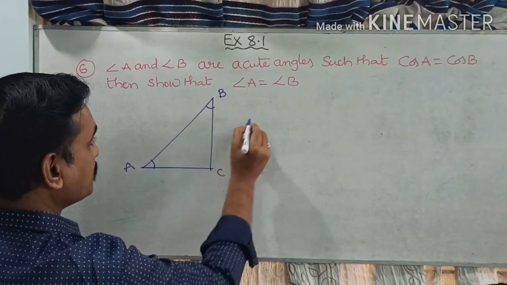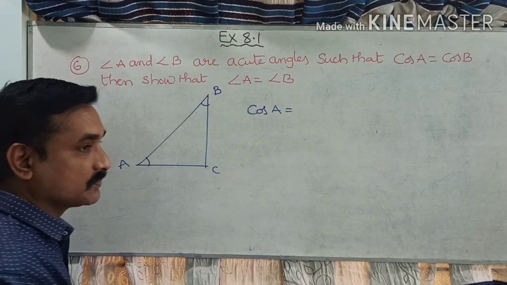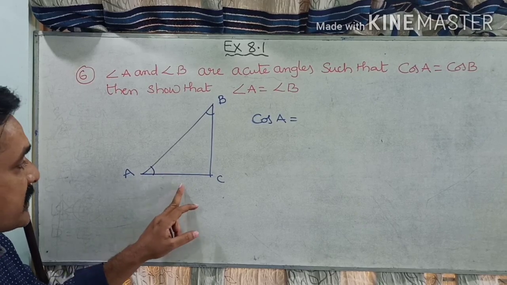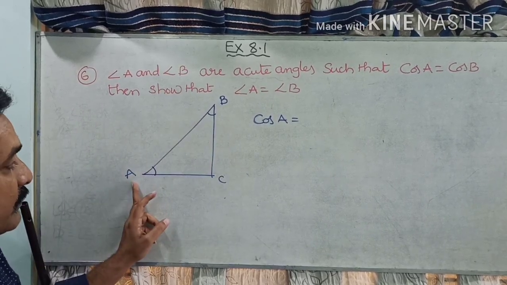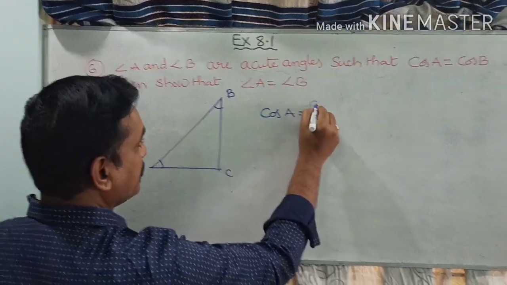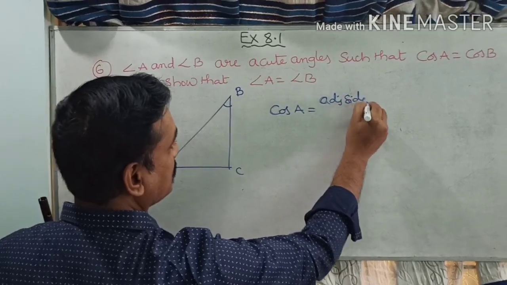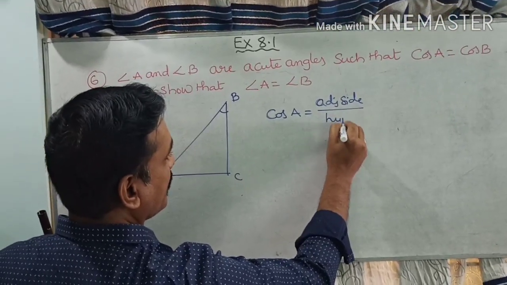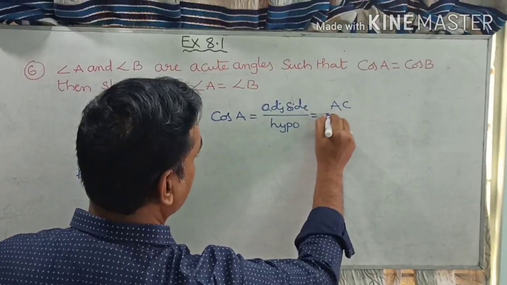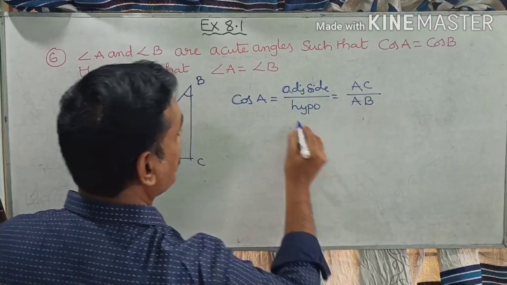So first write cos A equals what? The meaning of cos A is adjacent side by hypotenuse. Adjacent side is AC and hypotenuse is AB.